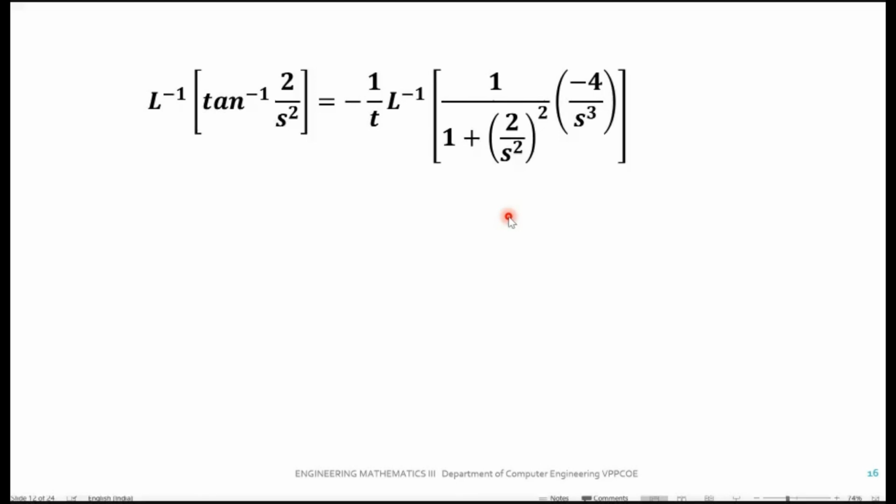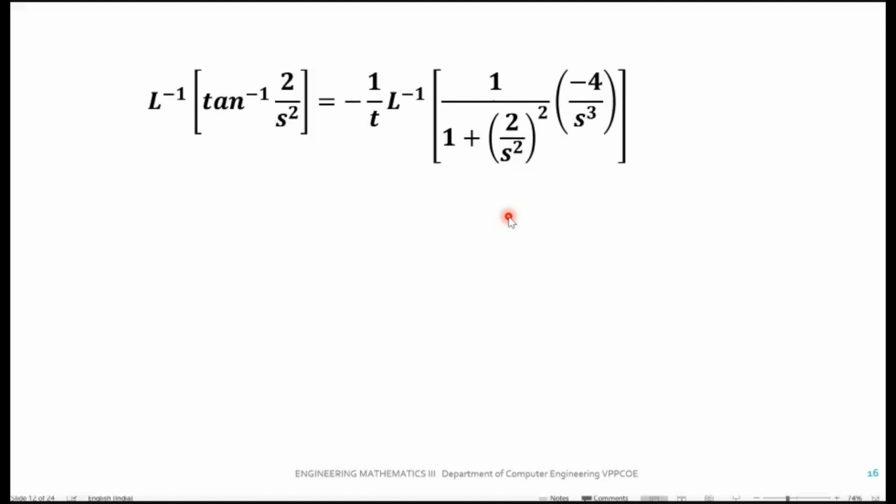We take the LCM and simplify, and tell me how many s will remain, and whether it will be in the numerator or denominator. After taking the LCM in the denominator, 4 upon s raised to 4, simplify, and just tell me: 1 s in the numerator.